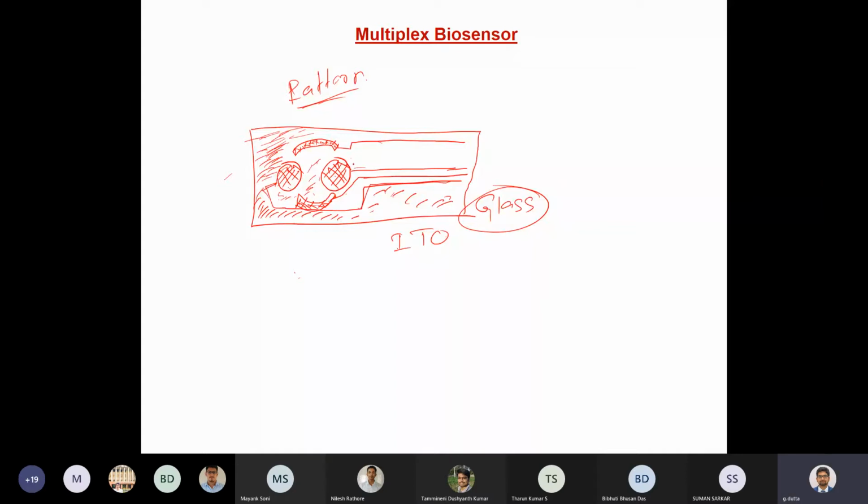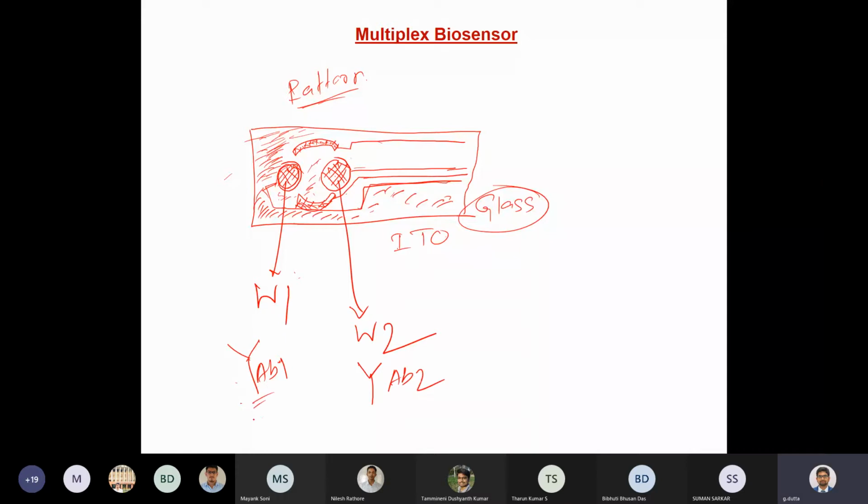Now one pattern, this one, you can use as working one, and this one you can use as working two. On working one you can immobilize one antibody, antibody one, and on working two you can use another antibody, antibody two.